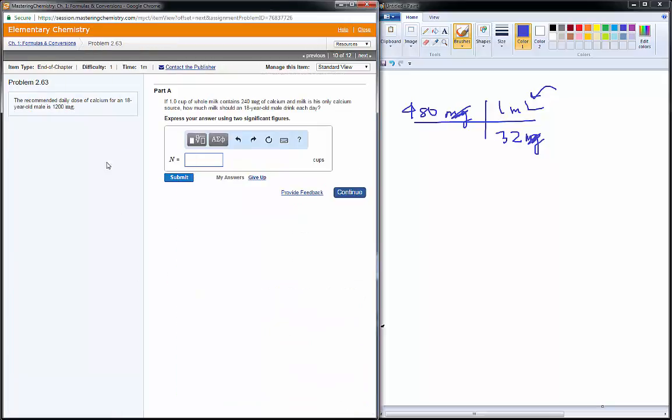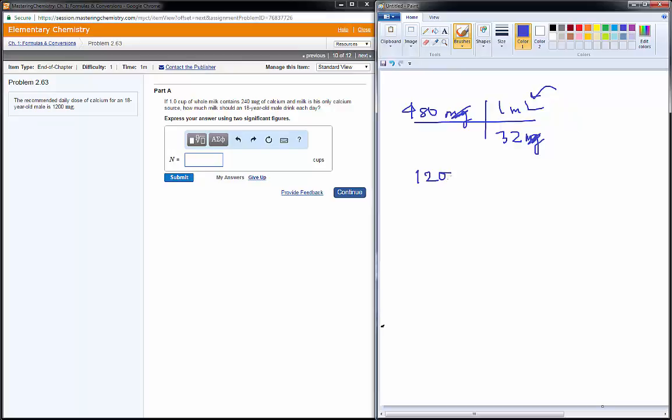Now, recommended daily dose is 1200 milligrams. If 1 cup contains 240 milligrams, how much milk if that's your only source of calcium? Okay, so I need 1200 milligrams of calcium. 1 cup is 240 milligrams, so that's just like saying 1 cup equals 240 milligrams calcium.